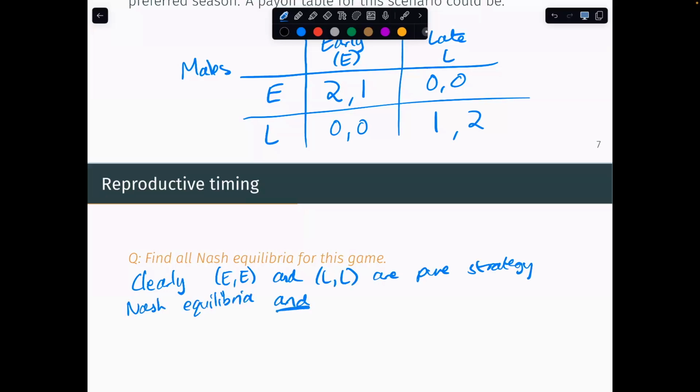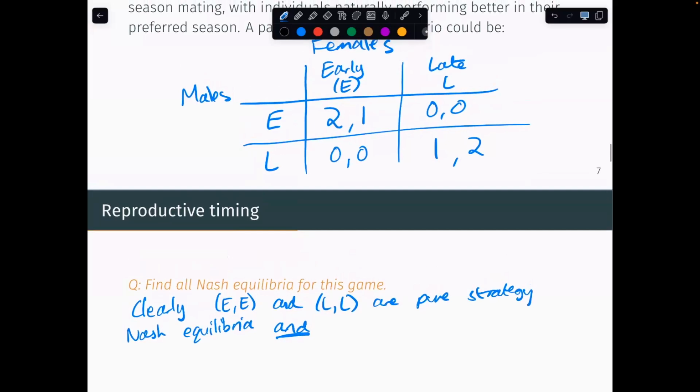And what else are they? They're also strict.